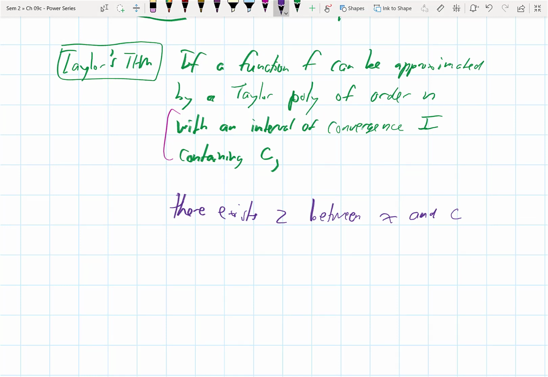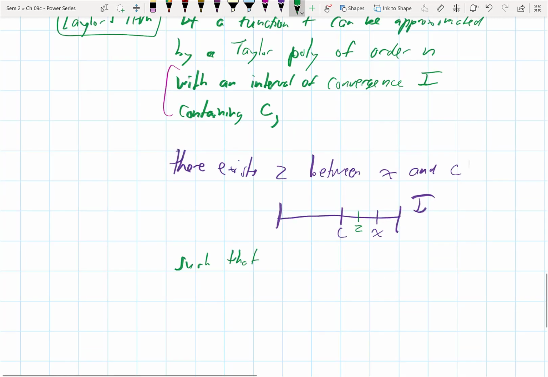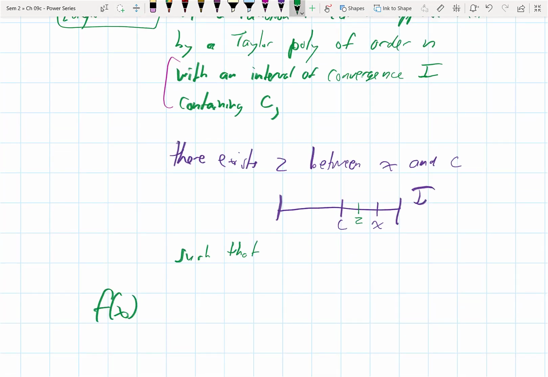Remember that what I'm really doing here is this is like an interval of convergence right here, and I'm centered around c, and I'm trying to find the f of x value with an approximation. This is saying there is some z in between there such that f of x is equal to p sub n plus r sub n.